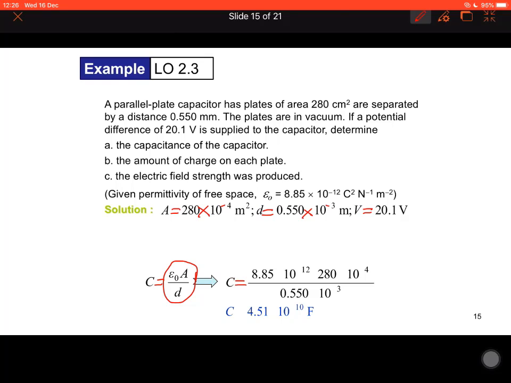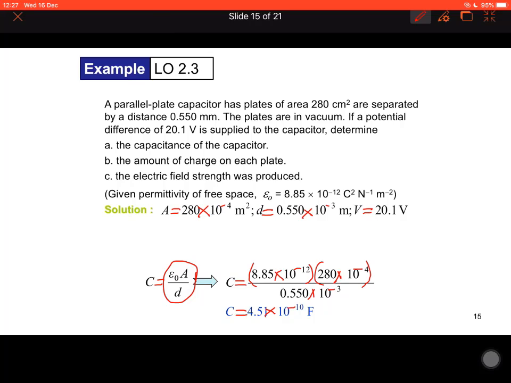The value of epsilon naught, which is the permittivity of free space, is 8.85 times 10 to the power of negative 12, multiplied by 280 times 10 to the power of negative 4, divided by the value given for the distance. Since everything has been converted into SI unit, we will have the value of capacitance as 4.51 times 10 to the power of negative 10 farad.